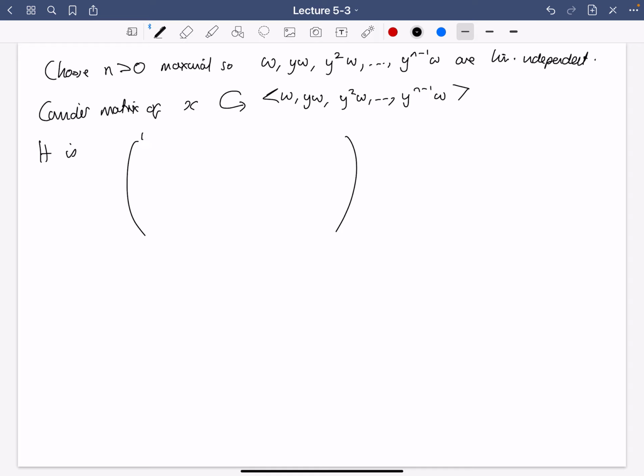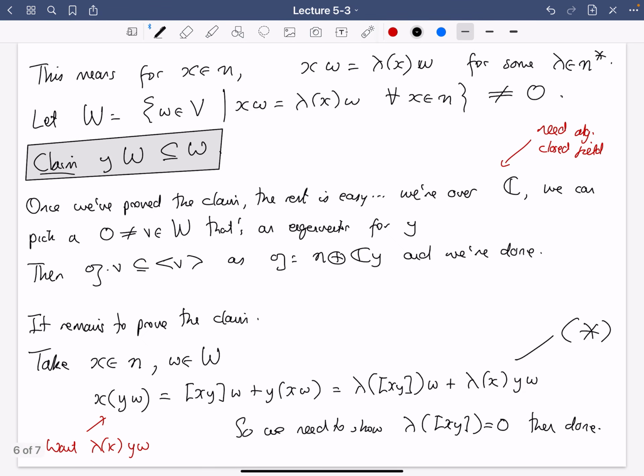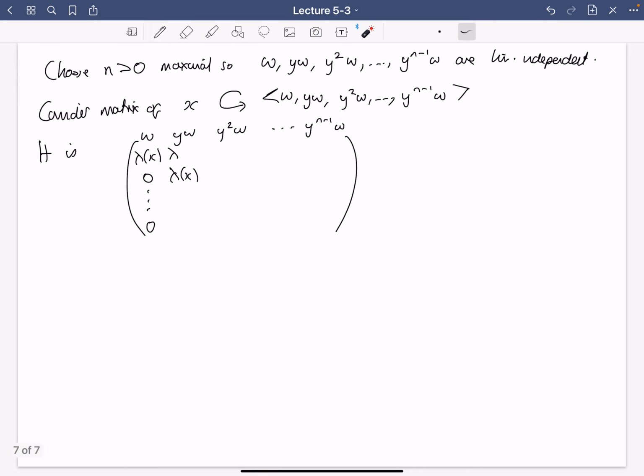So here's our basis, w, y w, y squared w, up to y to the n minus 1 w. Well, we know that x on w is lambda of x w, right? So we know the first column. And star gives us the second column. So we're acting with x on y w. So there's the lambda of x y w, and then we get lambda times the commutator, that [x,y].